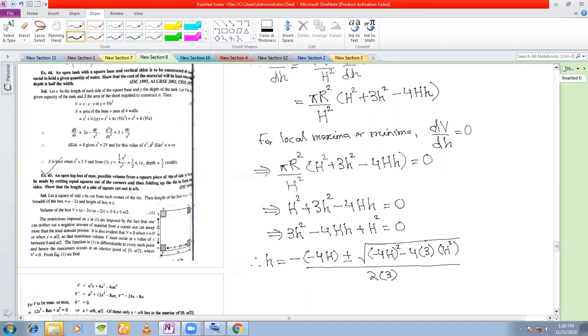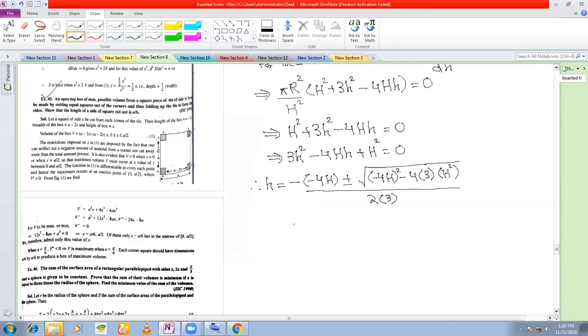What are you getting here? 4H plus or minus root over of 16H square minus 12H square, divided by 6. So you are getting 4H plus or minus, 16 minus 12 is 4H square, and square root of 4H square is 2H.